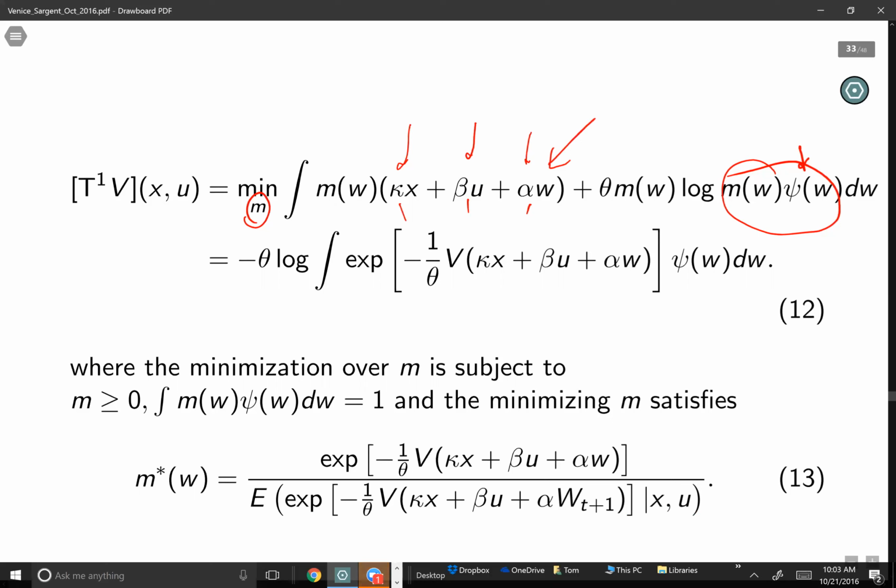Okay, so if you solve this, again, you get exponential smoothing, exponential twisting, and you get a very simple formula for this operator. And the minimizing distortion, again, has this exponential twisting form. So we're going to apply that to this situation.